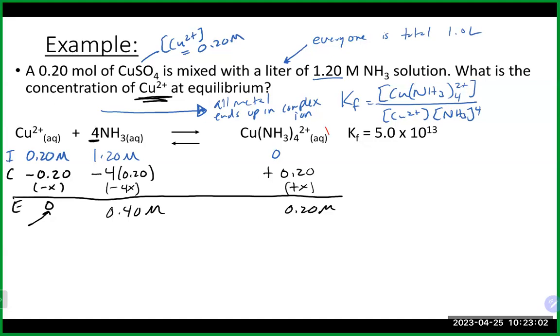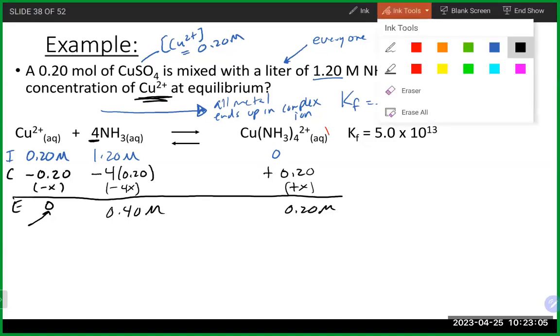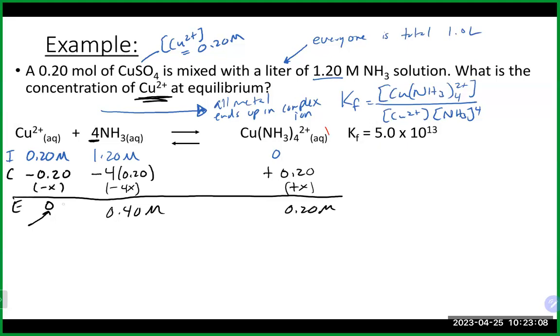So what we're going to do in this case is we actually want to solve for how much of the metal is there. So we're going to now call the metal X in this case so that we can solve for it. And we're going to put this into our equilibrium expression, which means we would have 0.2 divided by X, which is really the copper concentration in this case, times our 0.4 that we still need to take to the fourth, and that's going to equal our 5.0 times 10 to the 13.